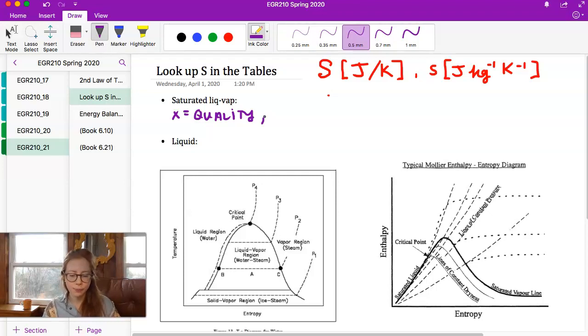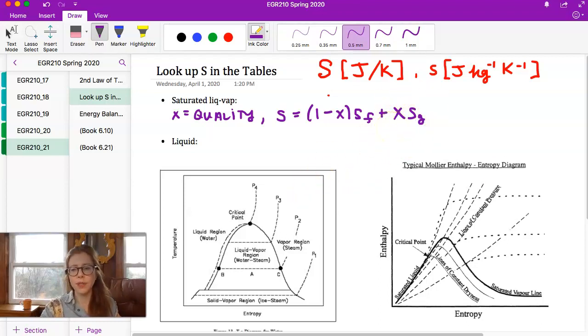For entropy, S is going to equal 1 minus X. Remember, X being 0 tells you that you have a saturated liquid. X being 1 tells you that you have a saturated vapor. So 1 minus X gives us the proportion of liquid plus X times the entropy if it were 100% vapor.